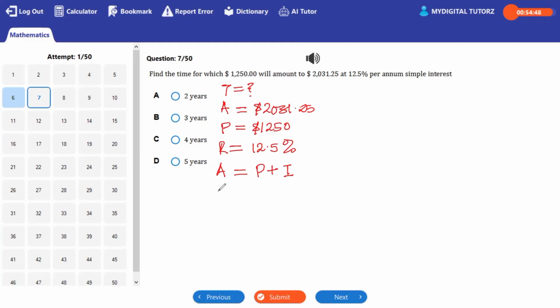So from here, our interest will be equal to the amount minus the principal. So here we have our amount, $2,031.25, minus the principal, which is $1,250.